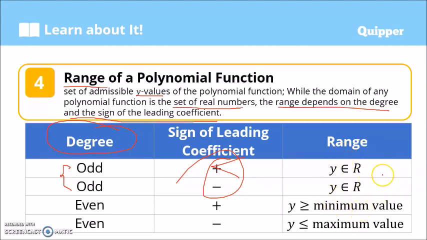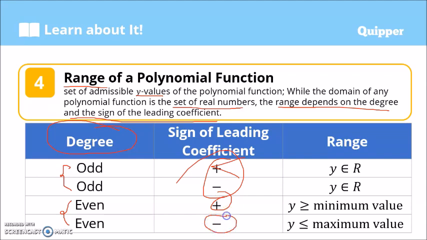Okay? Set of real numbers yan. If the degree is even, 2, 4, 6, 8, 10. Okay? Ayan, even. Then we look at the sign of the leading coefficient if it's positive or negative. Okay? Dito na magiging importante ang sign.